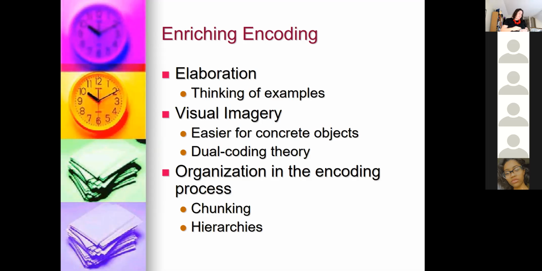So elaboration is a type of encoding in which the meaning is added. So when you're trying to get to that deeper semantic encoding, the meaning is added to information so that it can be more easily stored and retrieved later. So the stimulus, whatever you're looking at, trying to remember, is linked to other information when you encode it.